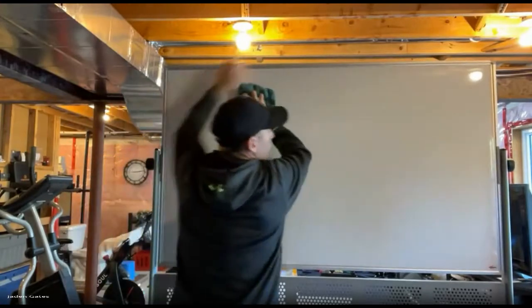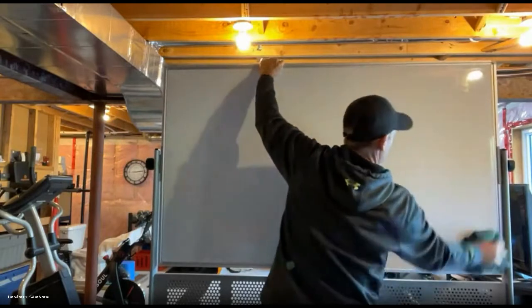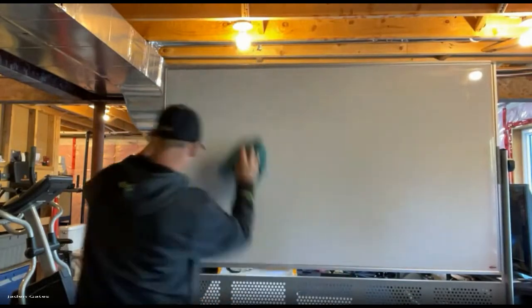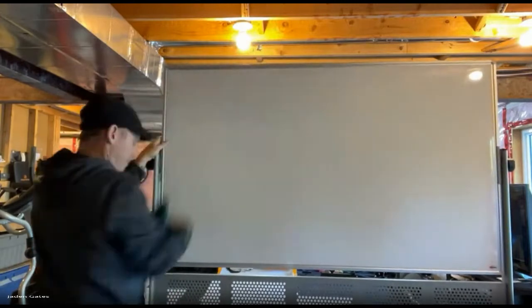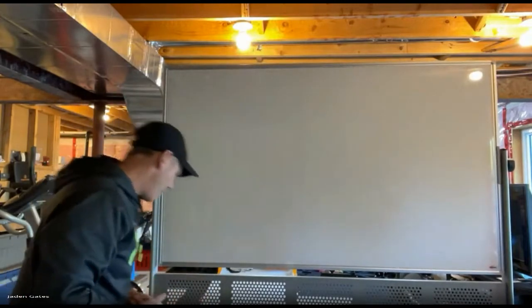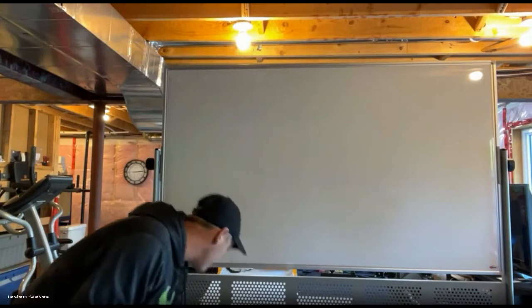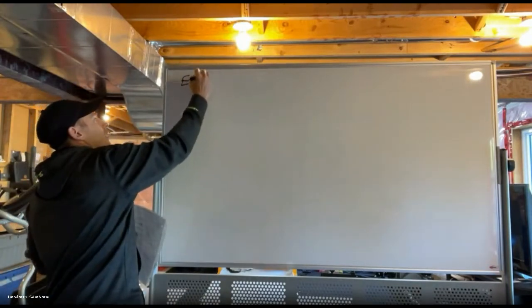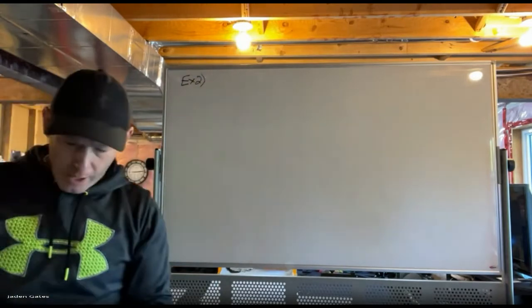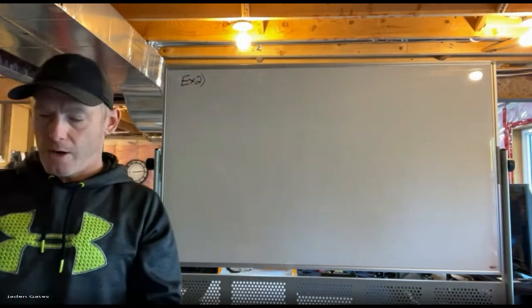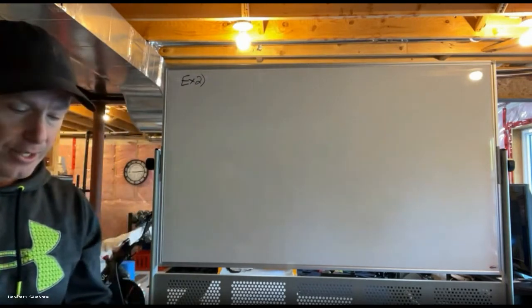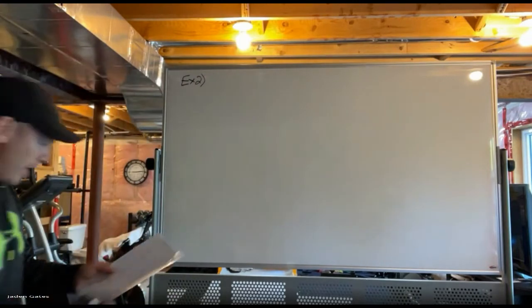So again, example 2. It says a toy rocket is launched straight up in the air, such that height s in meters at time t in seconds is given by this equation right here.